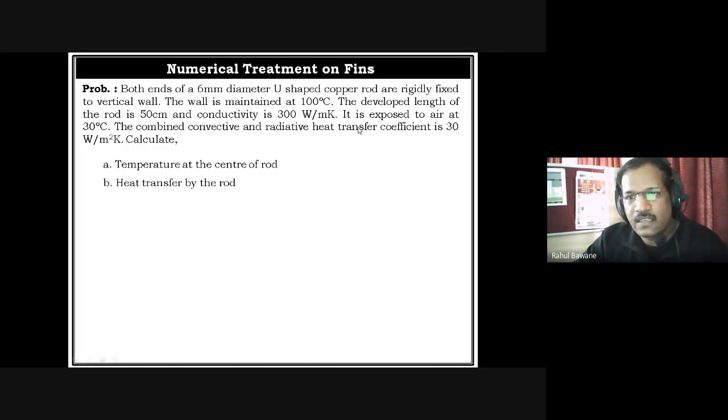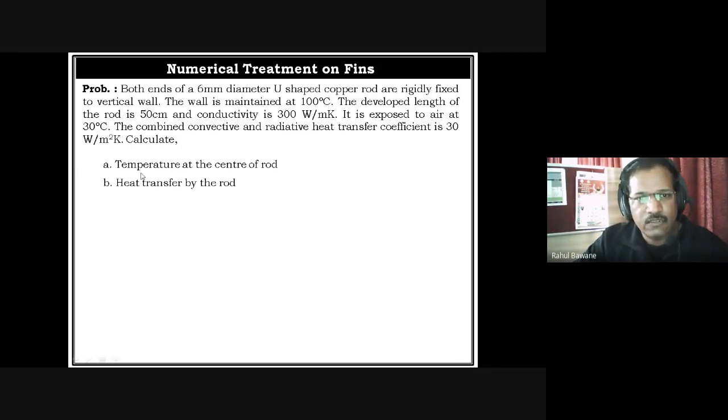It is exposed to air at 30 degrees centigrade. So this is T infinity. The combined convective and radiative heat transfer coefficient is 30 watt per meter square Kelvin. Many times students get confused by the addition of radiative, but it is nothing but an h value; it is considered convective as well as radiative, but we have to consider this 30 as the h value itself.